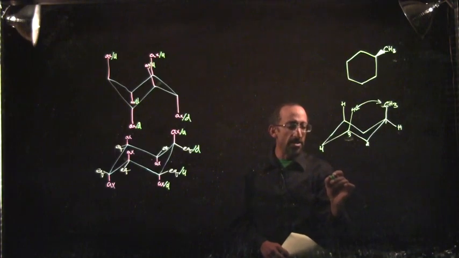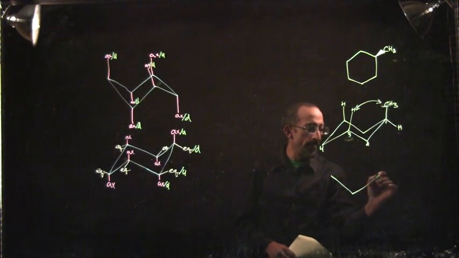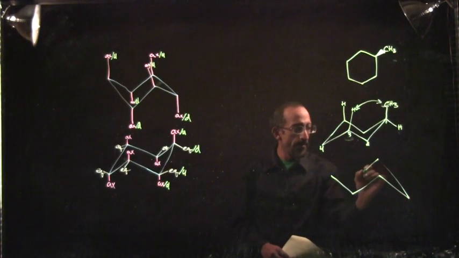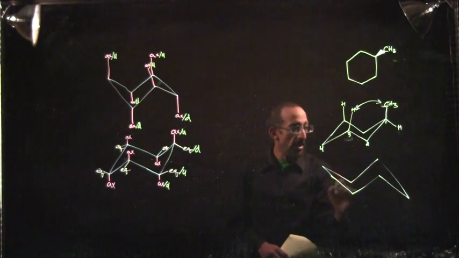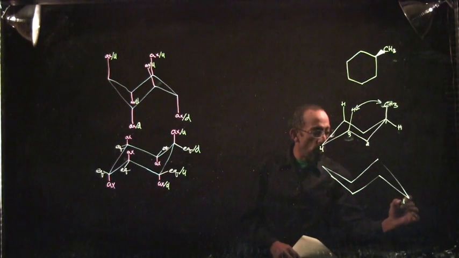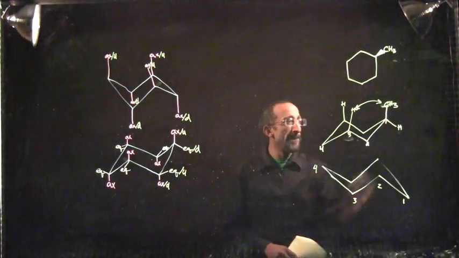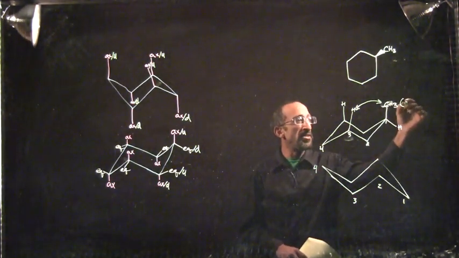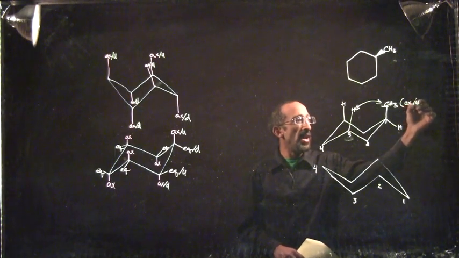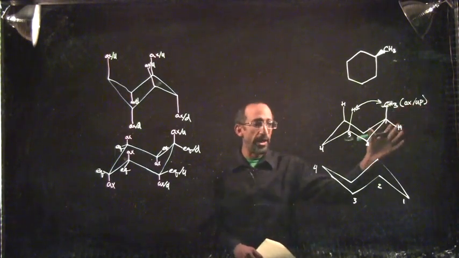So now, drawing my new chair conformer, again here I have carbon 1, 2, 3, and 4. My methyl group was axial up in this situation.